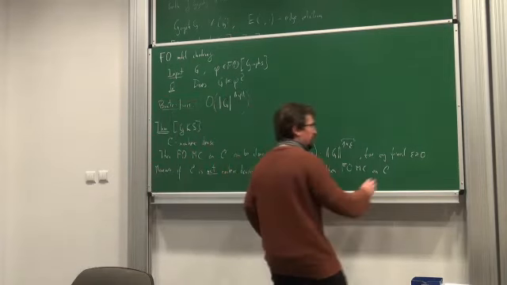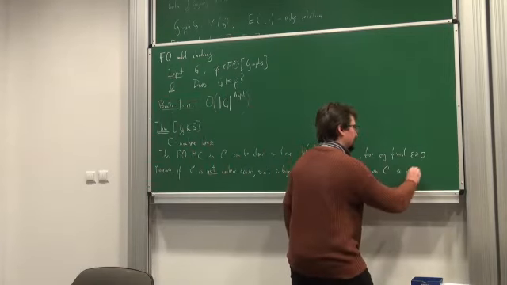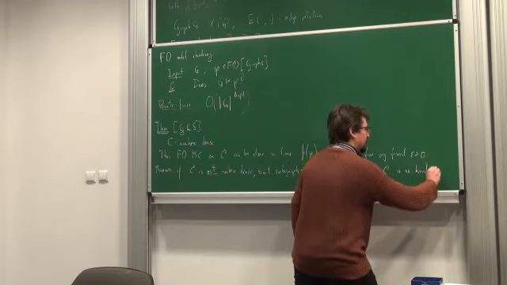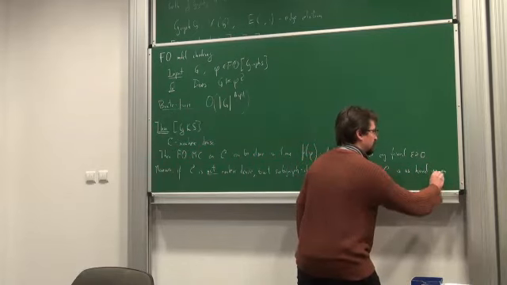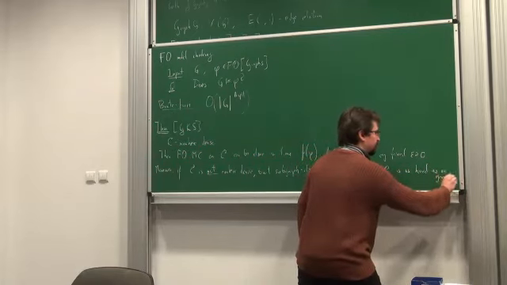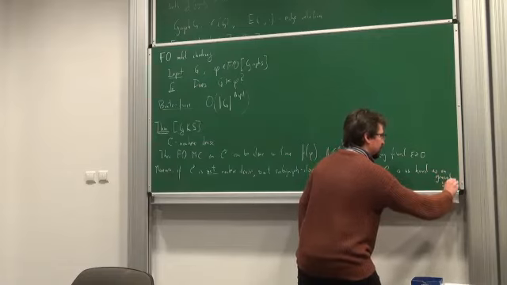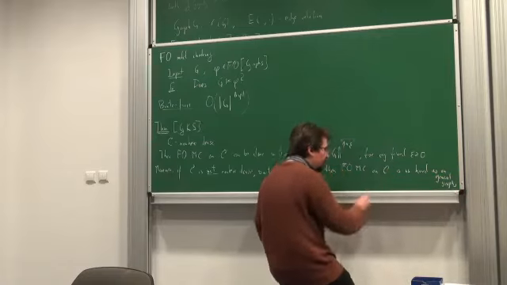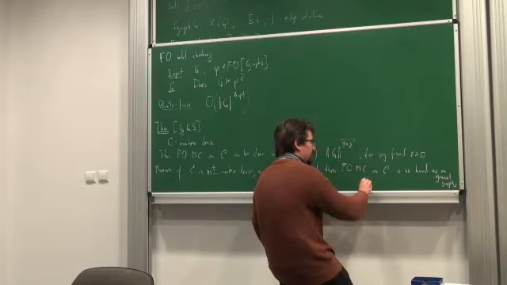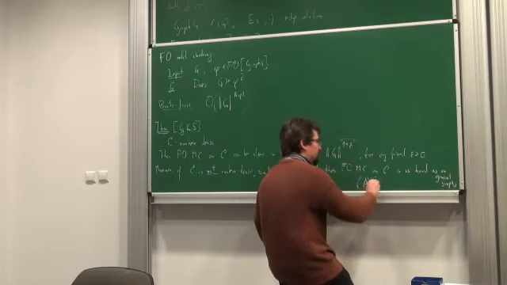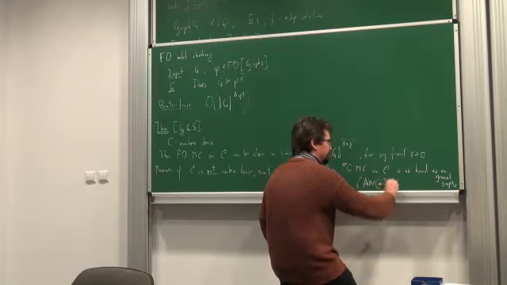Then FO model checking on C is as hard as on general graphs. Which, if you are into parameterized complexity theory, this is AW[*]-hard.